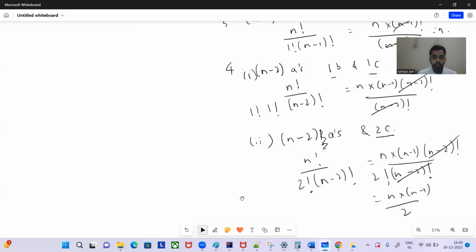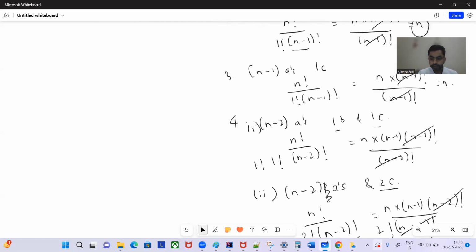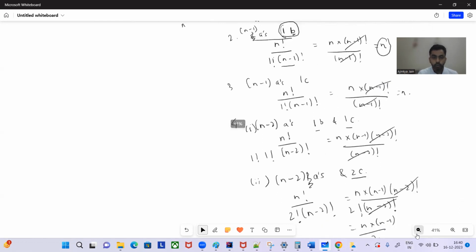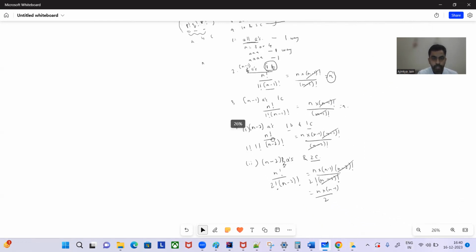So our formula boils down to this. If we consider all these four combinations: one way, plus second and third n and n, which is 2 into n.